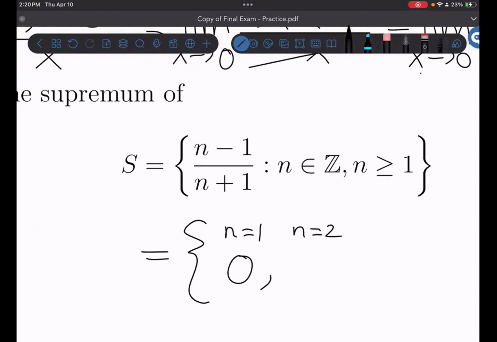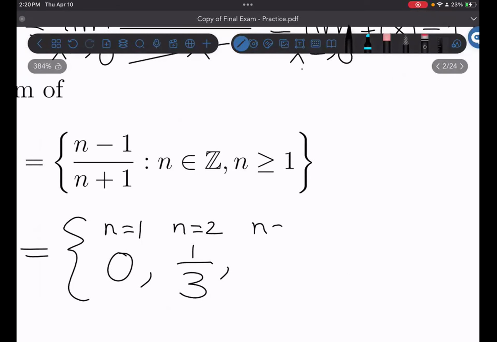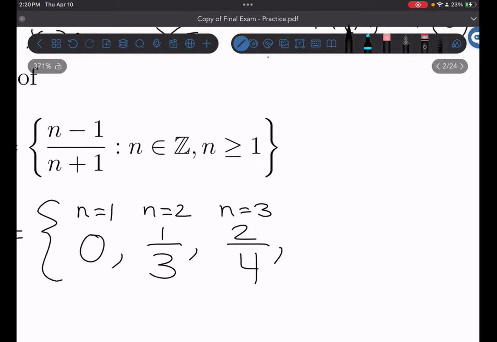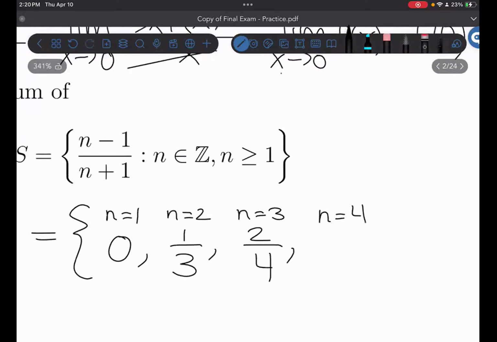When my n is 2, I get 1 over 3. When my n is 3, I get 2 over 4. And when my n is 4, I get 3 over 5, and so on.